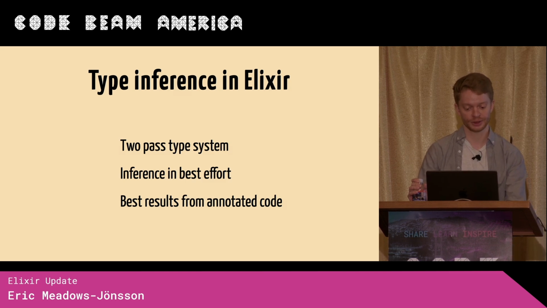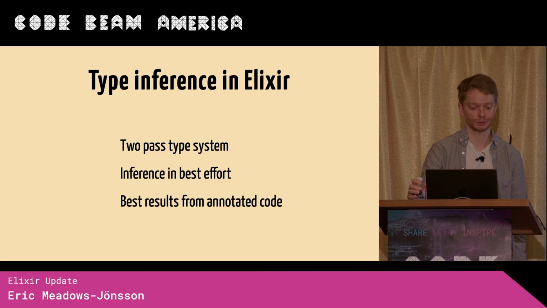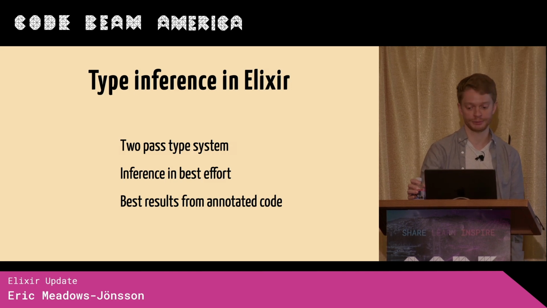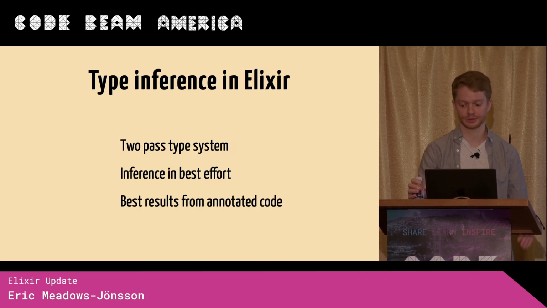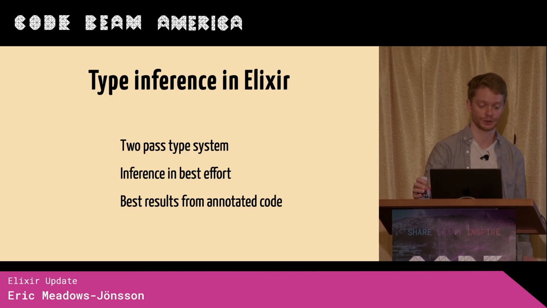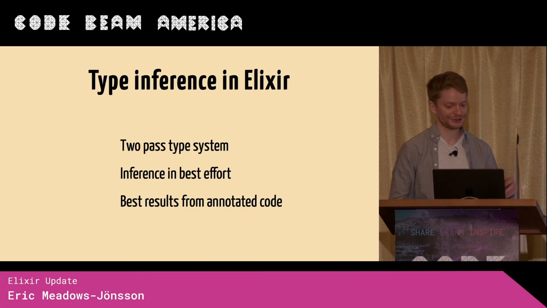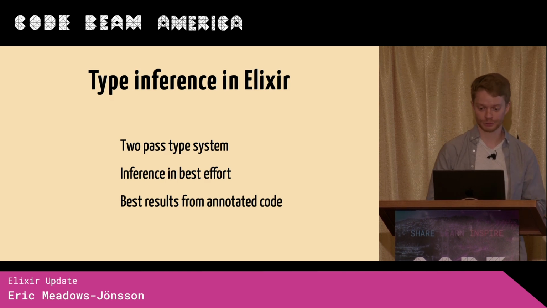The other important thing to note is that inference is best effort. So it will not find all type incompatibilities. For the best result, the user should be able to annotate their code with types, which we cannot do yet, but that will bring us to what's going to happen after 1.19.